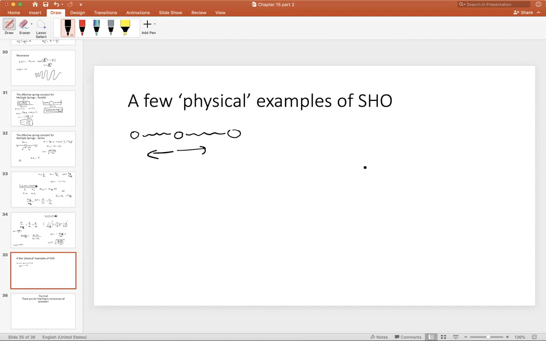One problem I gave was, imagine at low tide and at high tide, you have a buoy out in Newport, and it moves up and it moves back down every 12 hours. So this is simple harmonic motion, where you could find the energy if you knew the mass of the buoy, and knowing the period, you could figure out what omega is, because the period is going to be 12 hours.